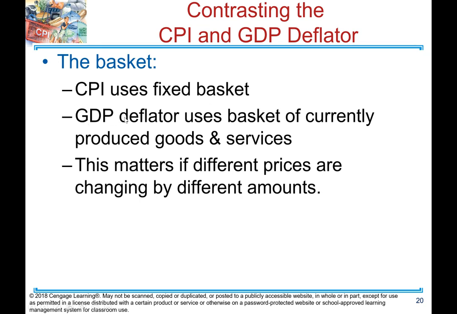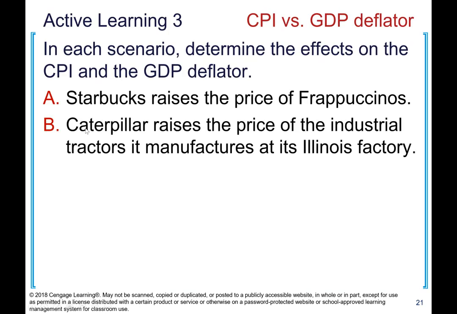GDP deflator uses a basket of currently produced goods and services. GDP deflator uses current production. It is always updated. This matters if different prices are changing by different amounts. So GDP deflator is perhaps a more accurate measure of the general price level in the economy.